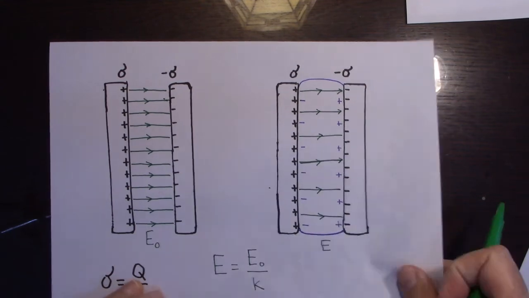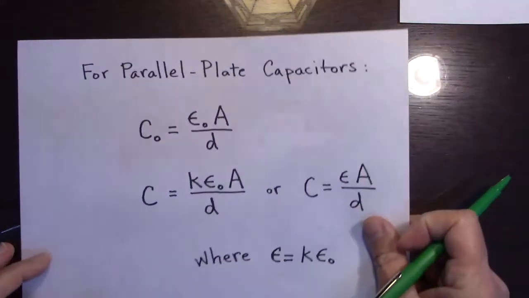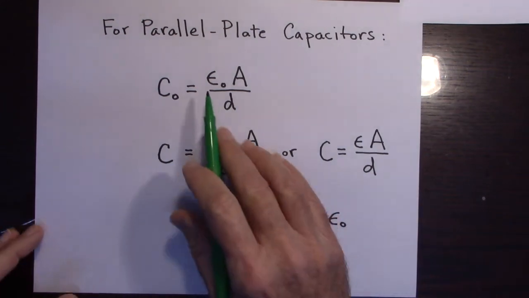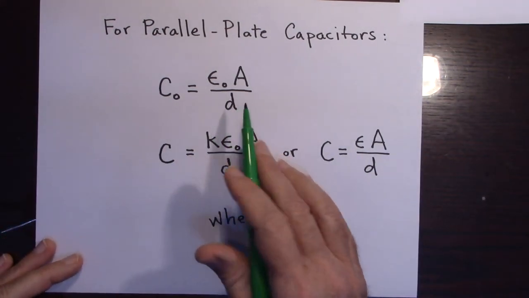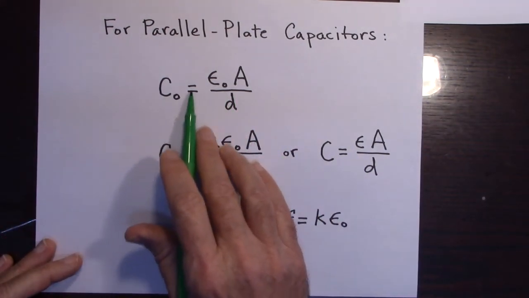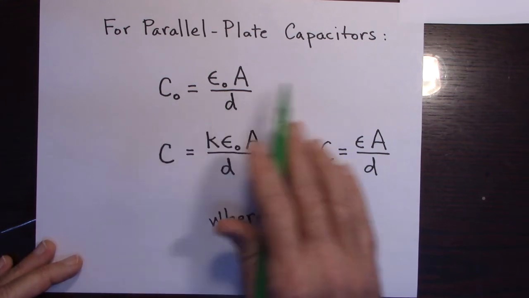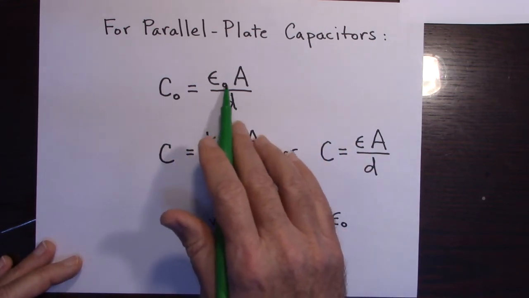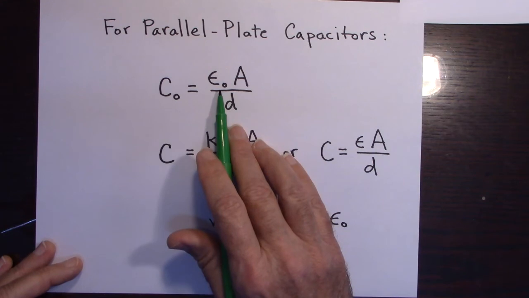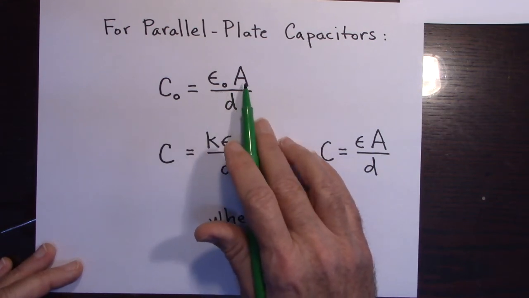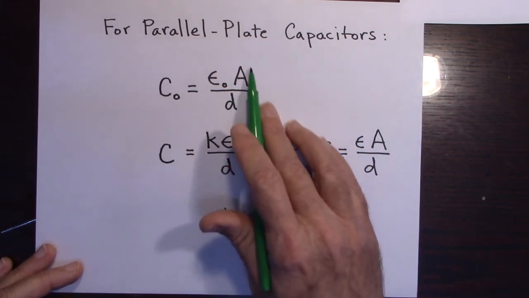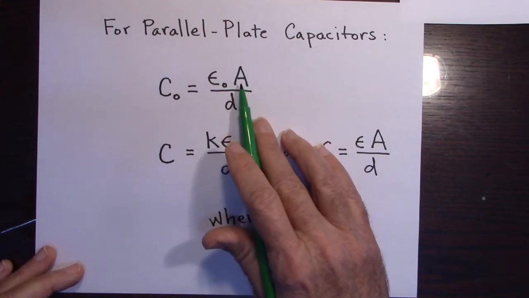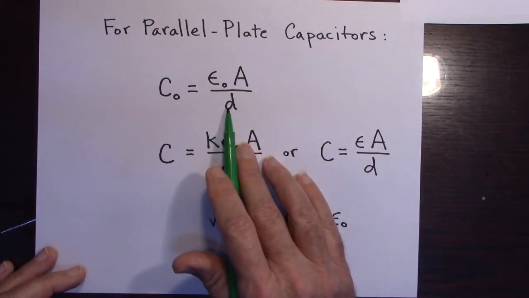One other thing about this, with a parallel plate capacitor, this is the equation for just two plates in a vacuum. The capacitance, only for a parallel plate capacitor, is epsilon naught, which is called the permittivity of free space, times the area of one of the plates, divided by the distance between the plates.